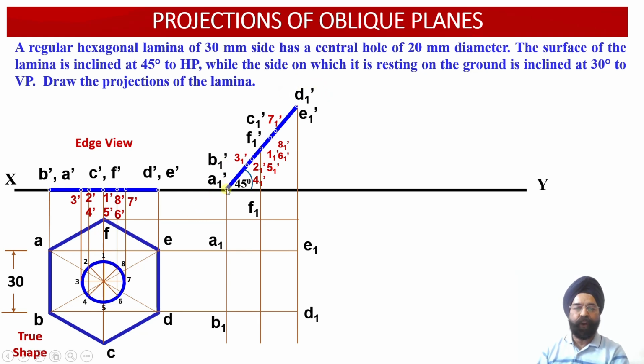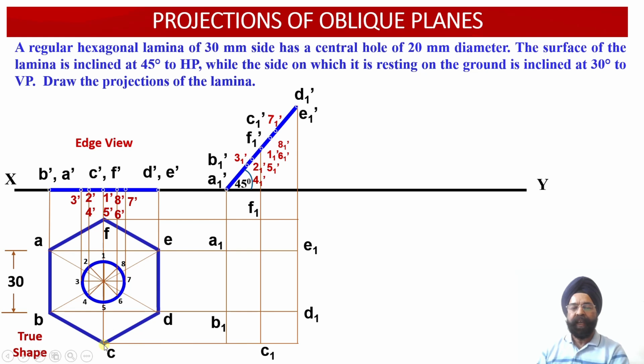So from B1 dash, if we draw a vertical projector line, it is going to intersect with this horizontal projector line drawn through the point B. So we obtain the point B1 over here. Similarly, from D1 dash, we have drawn a vertical projector line in the downward direction, and at this point it is going to intersect with the horizontal projector drawn through the point D over here. So this way, point D1 has also been evaluated.